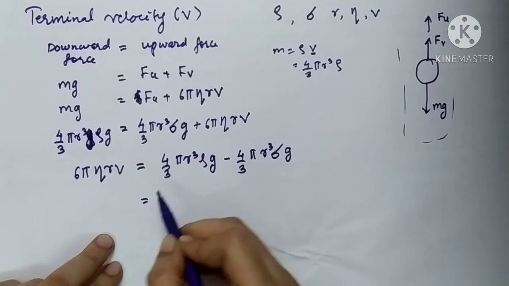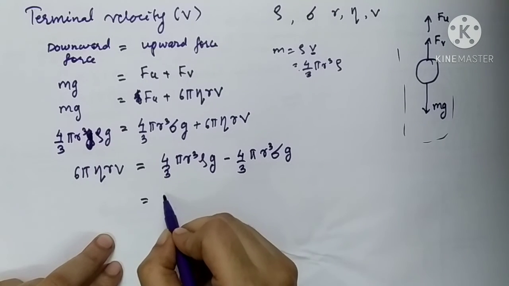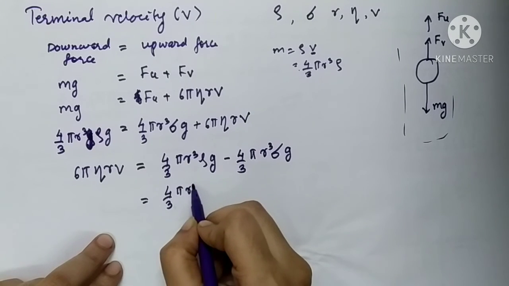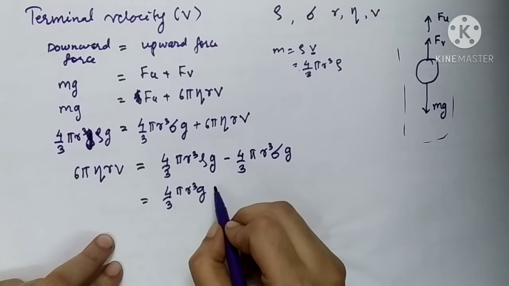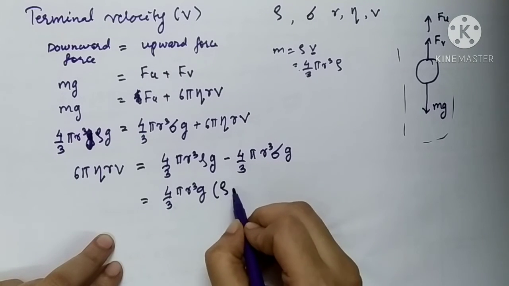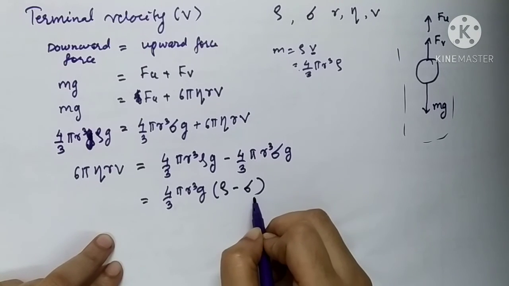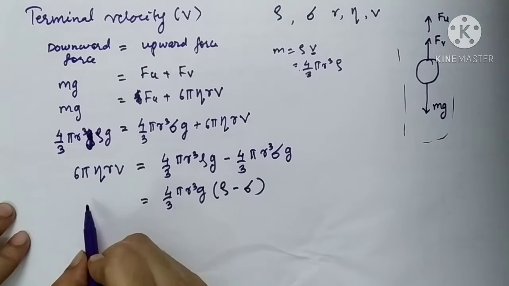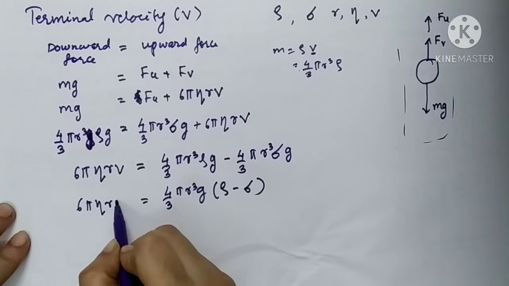So taking common terms aside, 4 by 3 is common over here, pi is common, r cube is also common, and g is common. And what will remain in the bracket is rho minus sigma. Rho is the density of the sphere and sigma is the density of the viscous fluid, is equal to 6 pi eta r into v.